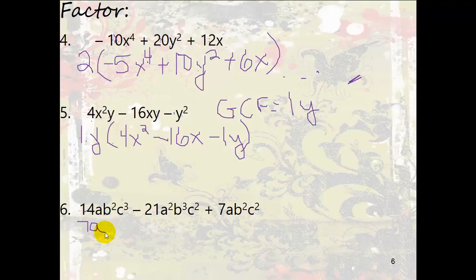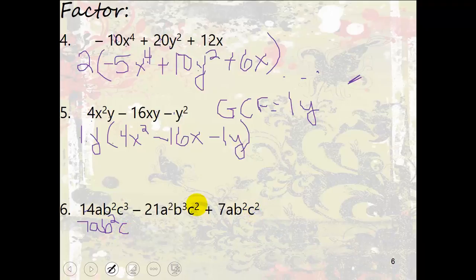Does each of my terms have a b squared, or have a b? Yes. What is the lowest appearing exponent on the b's? B squared. Does each of my terms have a c? Yes, they do. So my lowest appearing exponent is c squared.